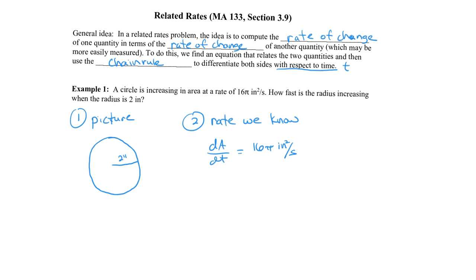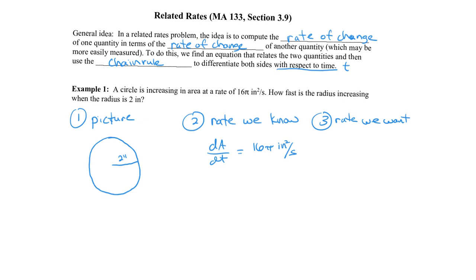Step 3, I always look for the rate we want. There's going to be some rate typically that they ask us about. The rate we want is from right here. It says, how fast is the radius increasing when the radius is 2 inches?